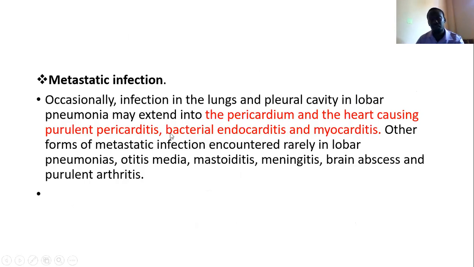Remember the organs that we have in the mediastinum. So the infection may extend to the pericardium and the heart, causing pericarditis, bacterial endocarditis, myocarditis, and other forms of infection encountered rarely in lobar pneumonias.